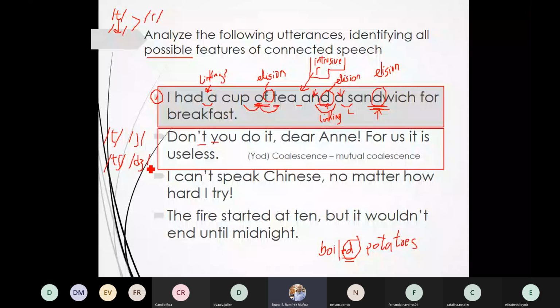So anyway, the combination of t and y gives you a different sound, a completely new sound. So yes, that's one thing that we can see here: mutual coalescence. Were you able to identify any other feature?